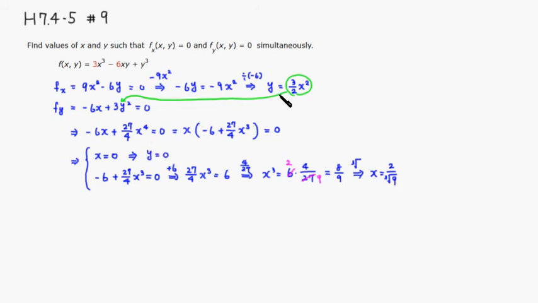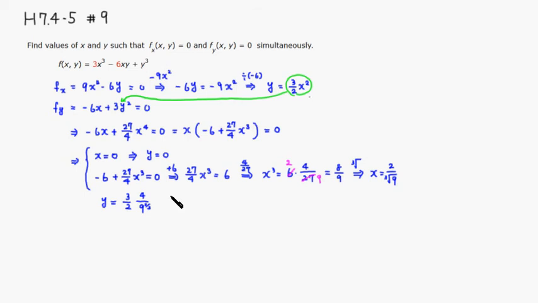For the second point, we have to plug it back in. So y is equal to 3 halves, and then we just have to square that. So you have 2 squared is 4, and you have the cube root of 9. I guess we can write it as 9 to the 2/3 power, because cube root is the 1/3 power and we're squaring that.